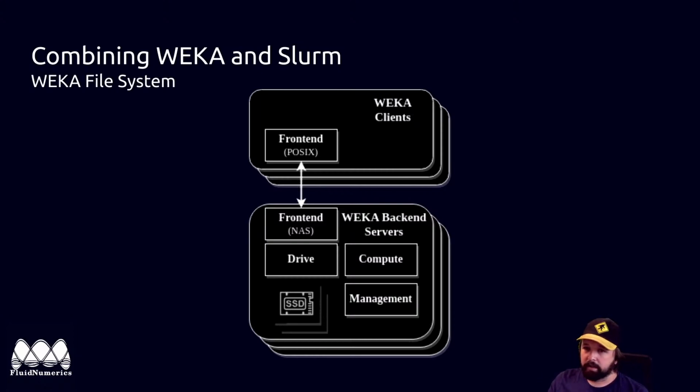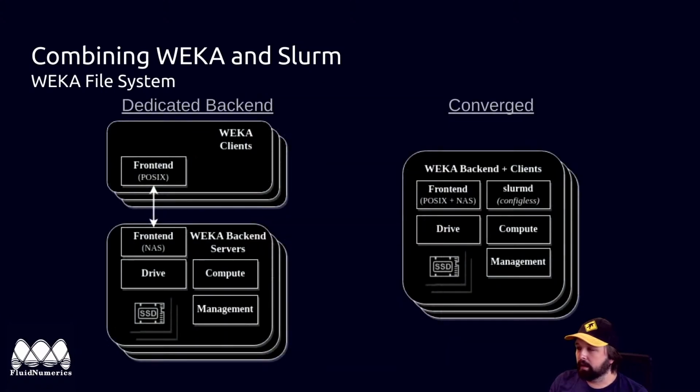So this is just one way to deploy WEKA. The other way WEKA can be deployed is in what's called a converged architecture. In the converged architecture, basically the front end client will also run with the drive, compute, and management nodes. What this allows you to do, if you have a static cluster where your compute nodes are always there, is set up each compute node to be an equal participant in the WEKA file system.